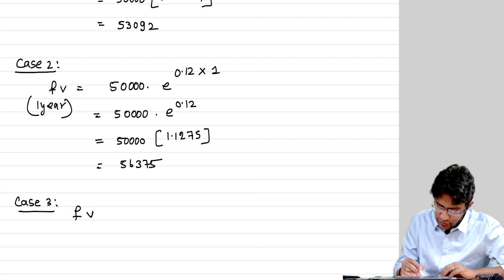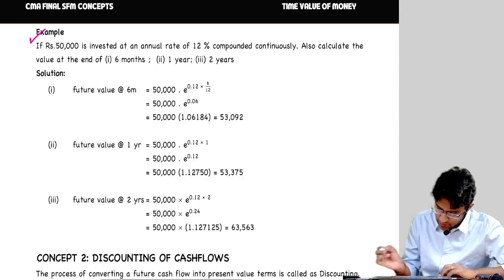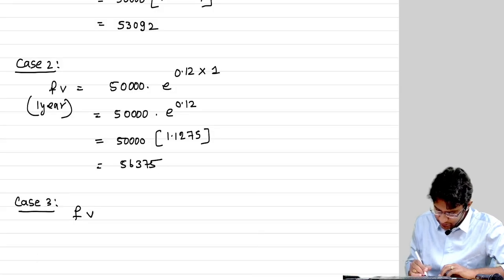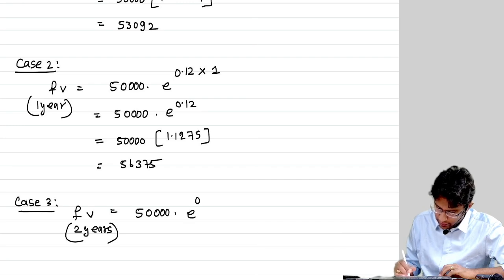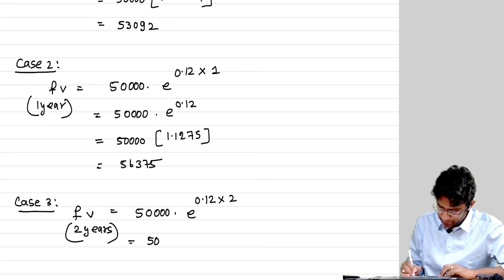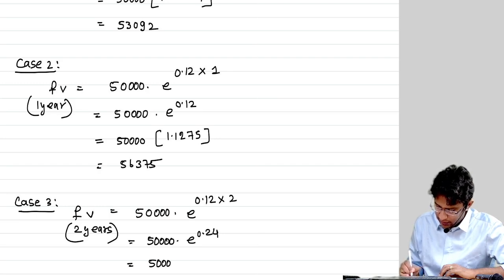Next, he wants future value for how many years? 2 years. So that would be 50,000 into e power 0.12 into 2. E power 0.24. Already e power 0.24 we worked out, I guess.